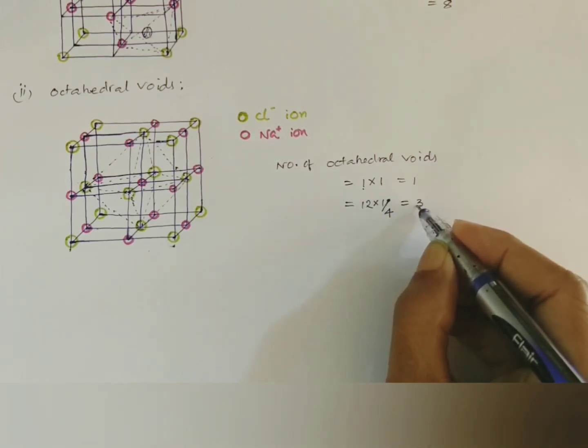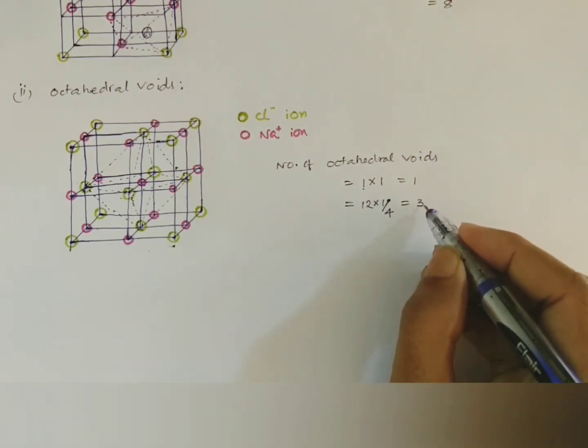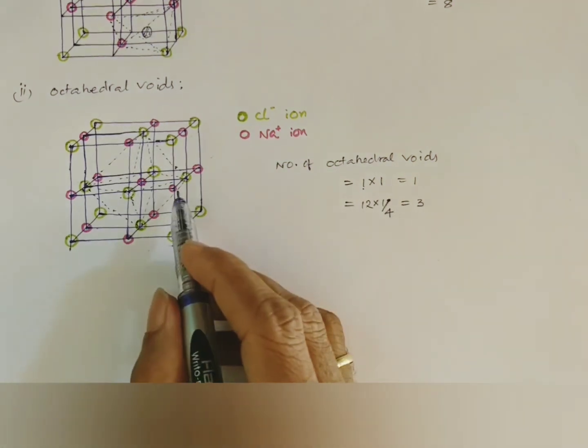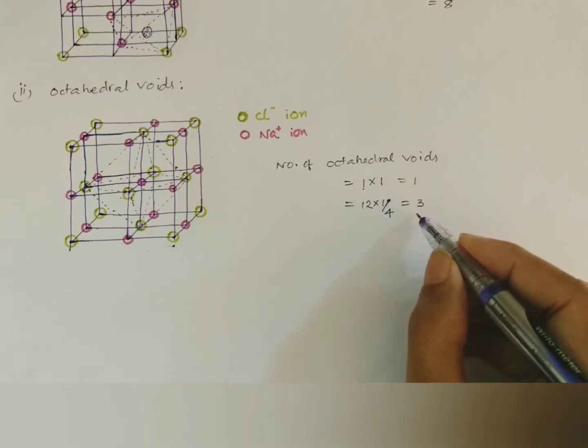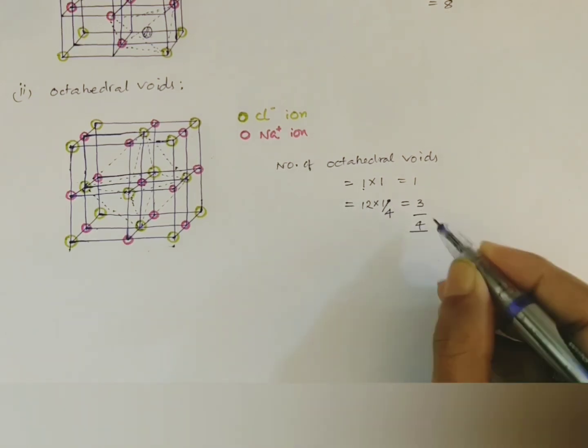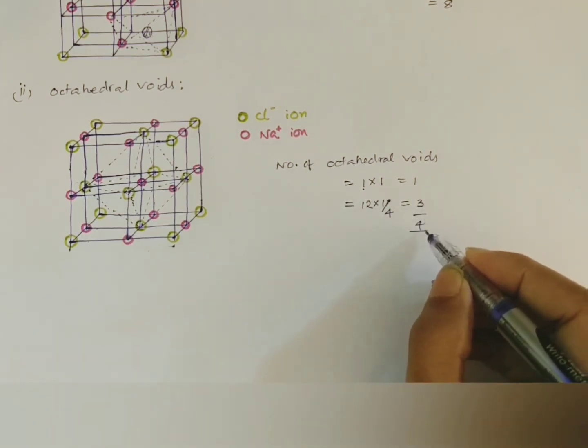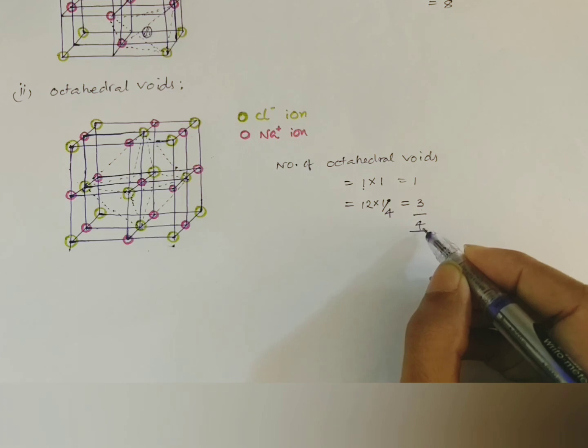So the number of octahedral voids per unit cell present on the edges will be equal to 3. So what is the total? Now the total is 4. So the number of octahedral voids is equal to the effective number of atoms, that is Z. A unit cell contains as many octahedral voids as the effective number of atoms or ions. So the number of octahedral voids will be equal to 4.